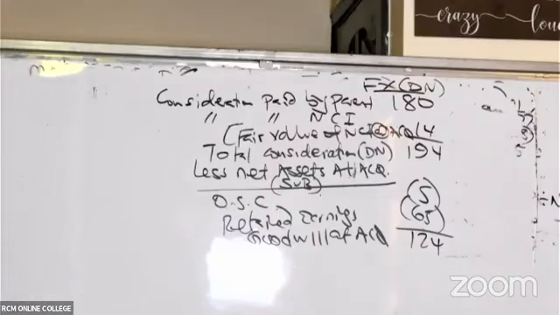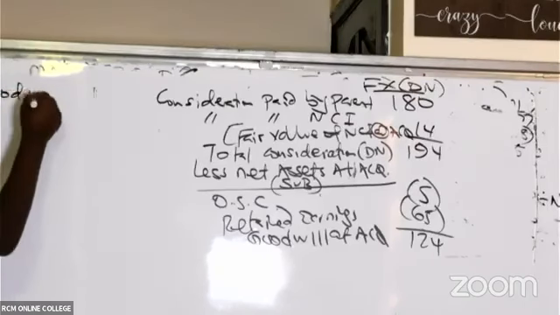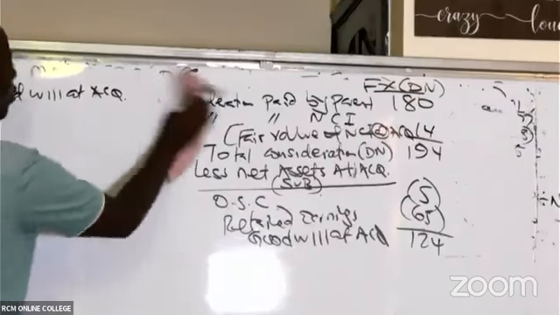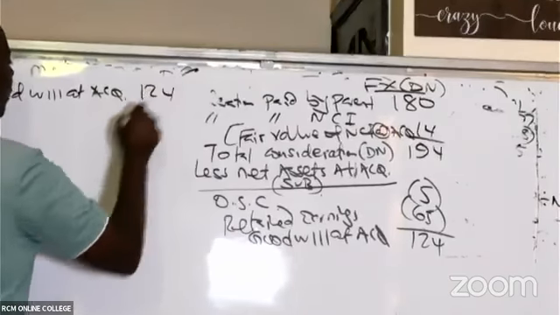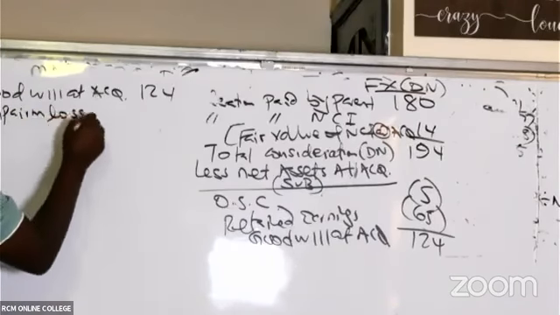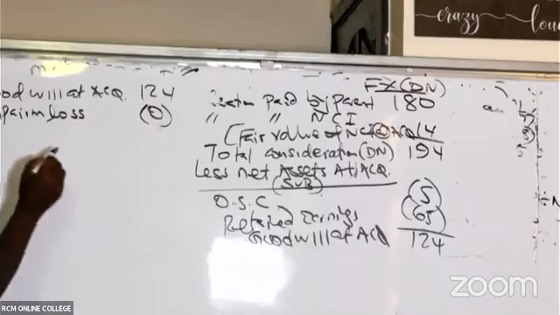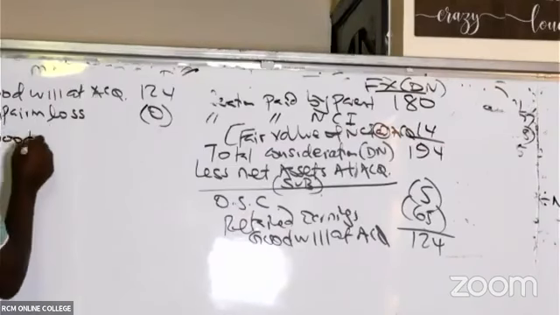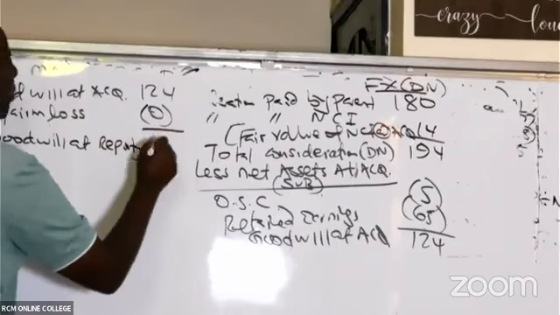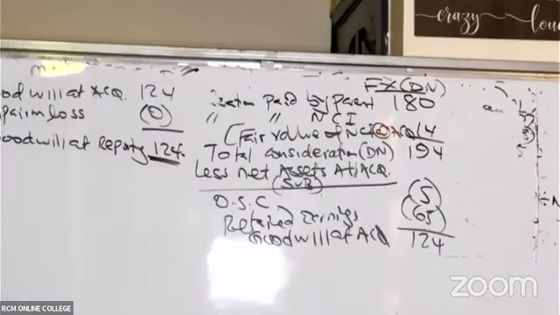So impairment loss is 0. Goodwill at acquisition is 124, impairment loss they've told us is nil, and then goodwill at reporting will be 124.